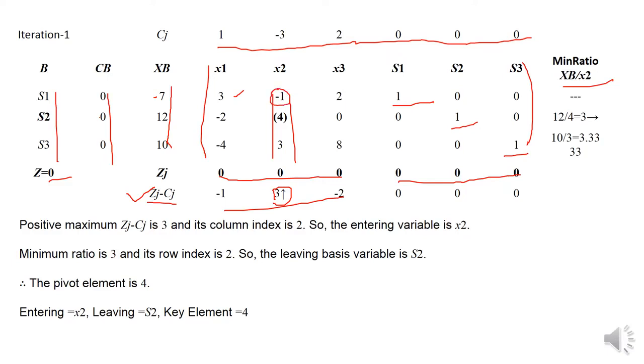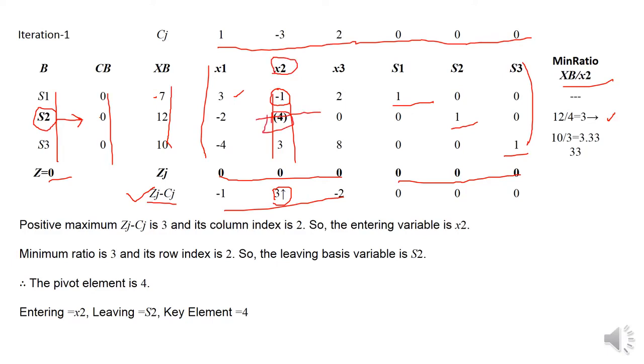If 0 is there, we will neglect it. So we got 3 as the minimum. It means the row corresponding to this, that is S2, is the leaving variable. So x2 is the entering variable, and S2 is the leaving variable. And wherever this column and row cut, that element is the pivot element or key element.